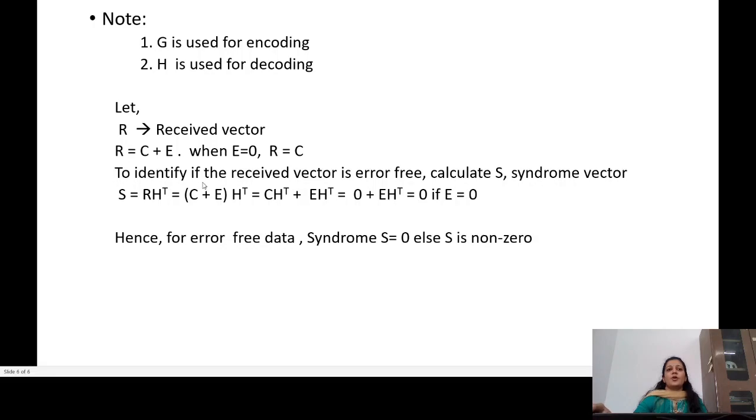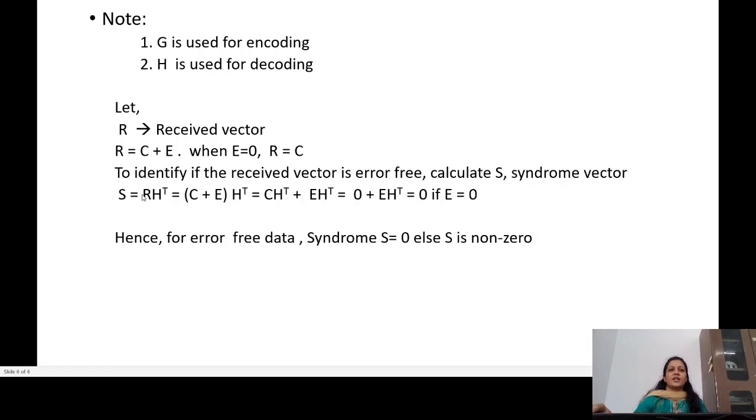Now, in order to identify if the received vector is error free, generally we will calculate a vector called a syndrome vector. So we have seen that always our C into H transpose value is equal to 0. Therefore, we will use that property for syndrome vector calculation and the conclusion. So how will we calculate our syndrome vector?